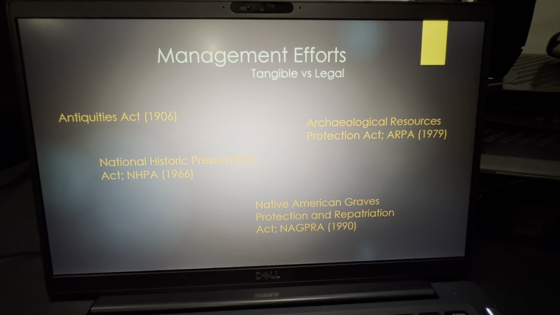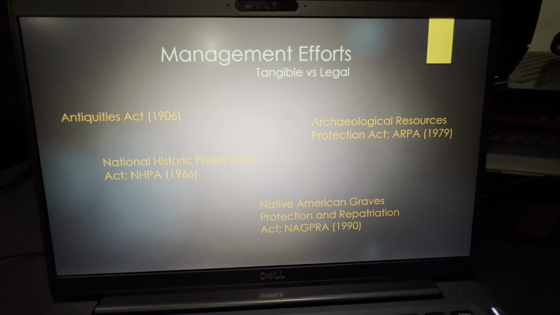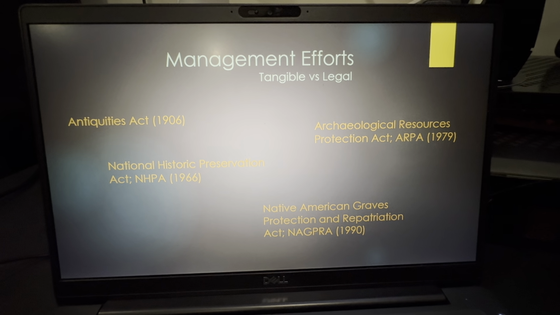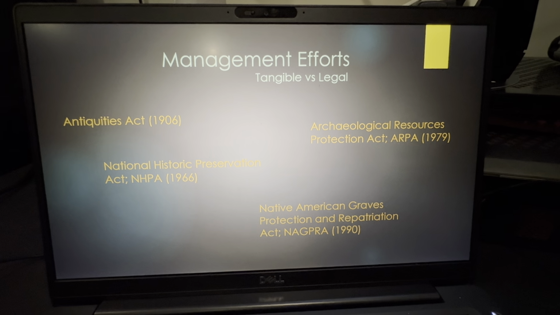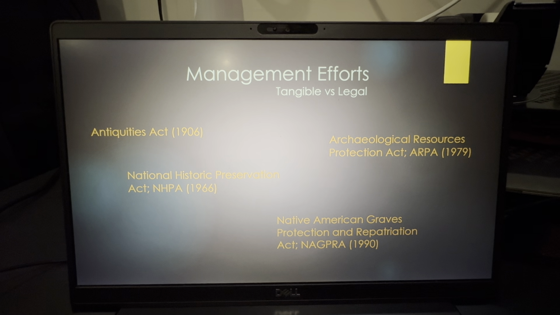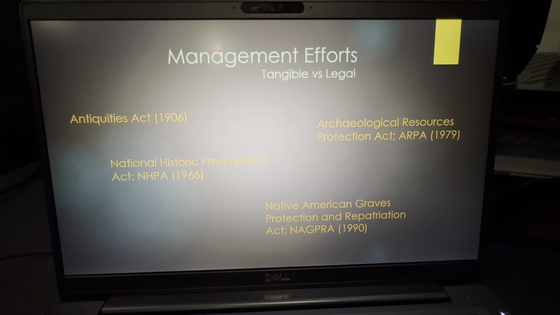So a lot of states, specifically California, has specific versions of this. So it includes all the laws that are in NAGPRA, but they also have additions to that law. And like often it includes tribes that are not federally recognized.